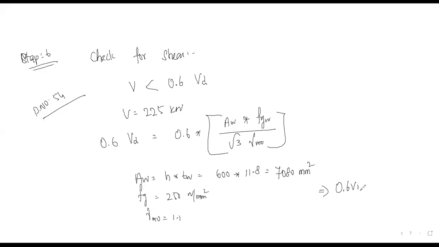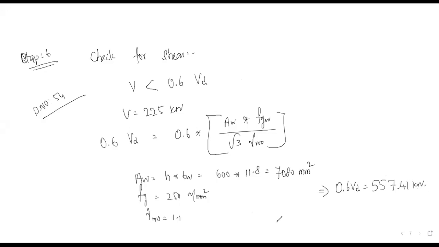Substituting these values, the 0.6 times Vd becomes 557.41 kilonewton.